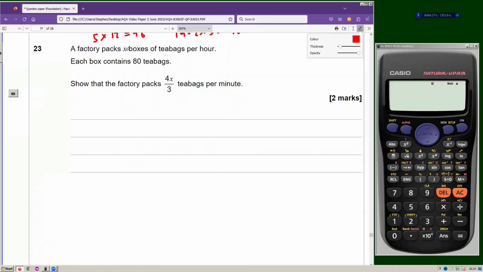23. A factory packs X boxes of tea bags per hour. Each box contains 80 tea bags. Show that the factory packs 4x/3 tea bags per minute. Okay.